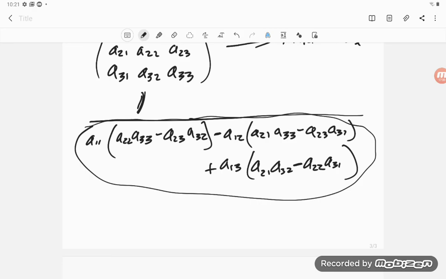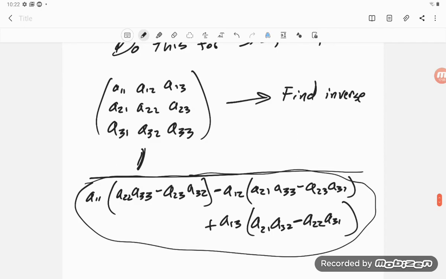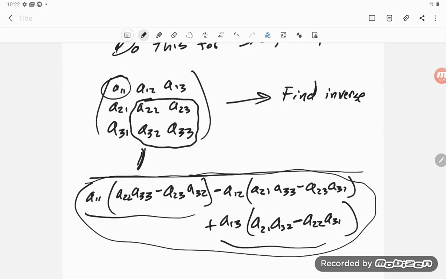And if you were to do this sort of brute force, finding these inverses and so forth, you might start noticing a pattern. It's very easy to see here and here. It's a little harder on that middle term. But what you see is we took A11 and then the determinant of that submatrix, that 2 by 2 part of the 3 by 3 matrix.